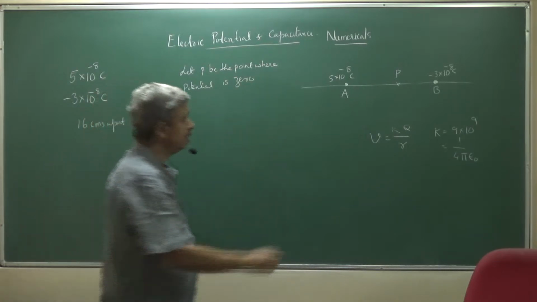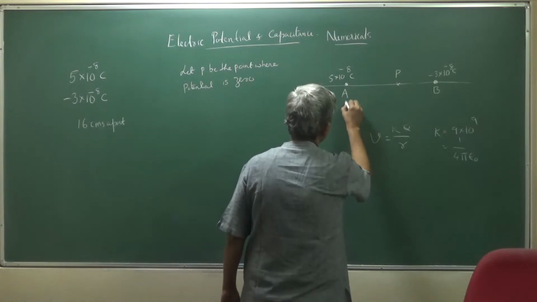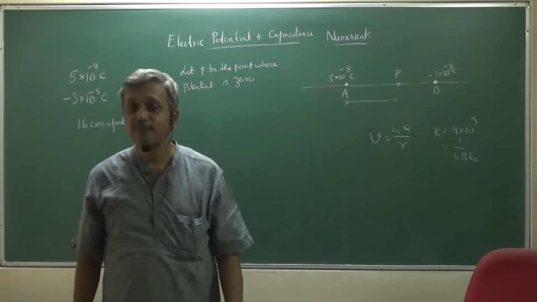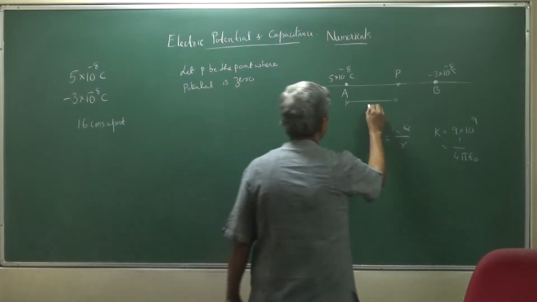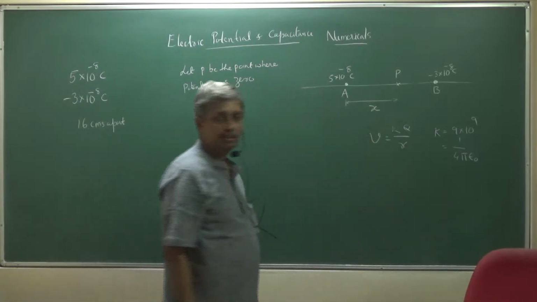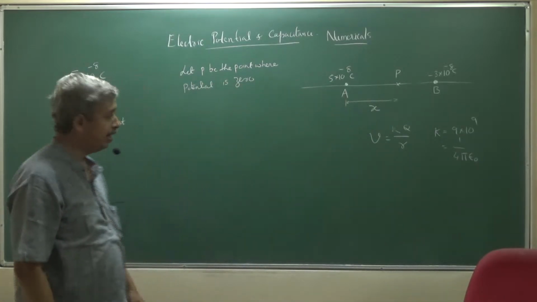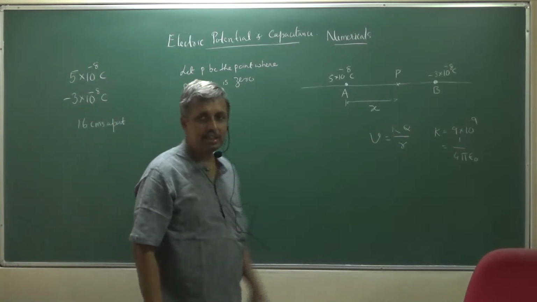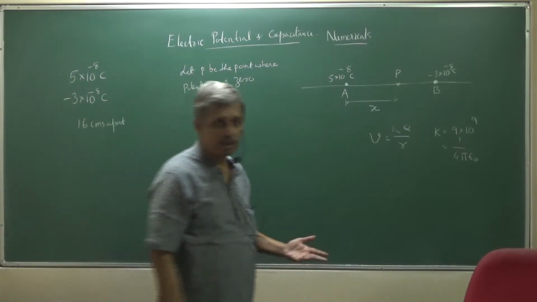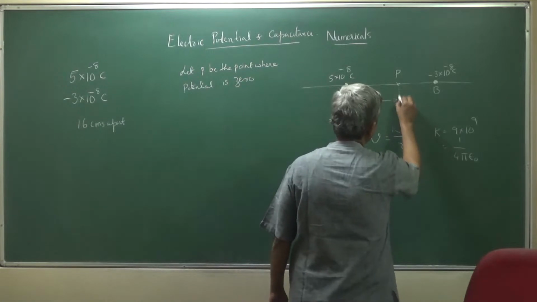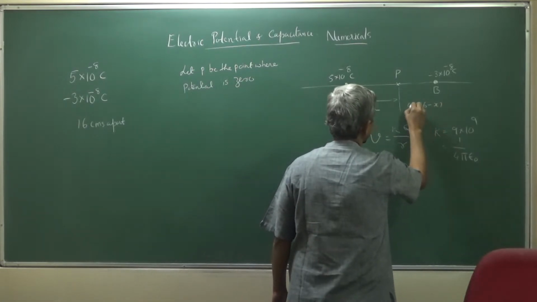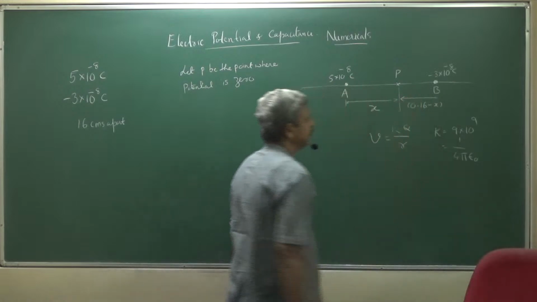And this point, we'll take it from here, is at some distance. We don't know the distance, so we'll take it as variable x. The other distance is 16 centimeter, which in meters is 0.16 meter. So this one is actually 0.16 minus x.